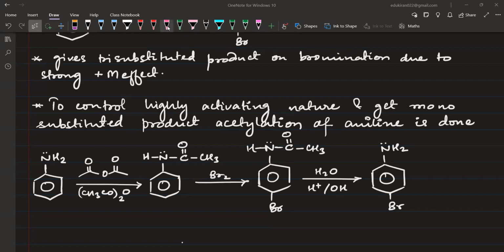When we do the acetylation, then this lone pair electron which was responsible for the plus M effect of aniline, this lone pair electron, it is diverted. This is showing resonance like this, and it will also be showing resonance with the carbonyl carbon. Now, because this lone pair electron is diverted towards the carbonyl carbon as well as the benzene ring, the plus M effect will decrease. जो strength of plus M effect का, that would decrease. And when it decreases, you will get only single product.